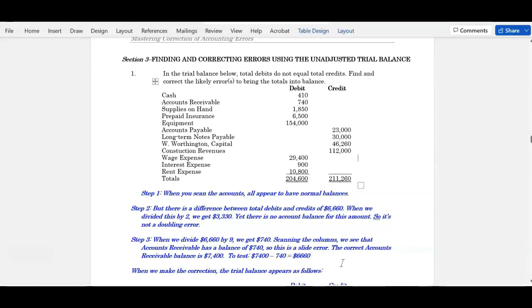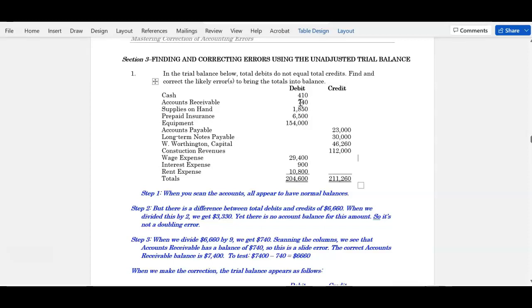Make sense? So how do you know that slide has been to the left or to the right? Because sometimes slide might be one step to the left or one step to the right, that decimal. So because this number you see at the bottom, 204, is smaller than 211, I know that slide was to the left.